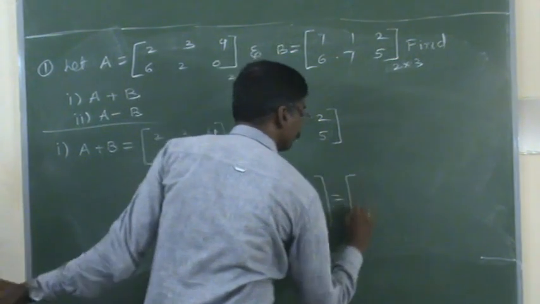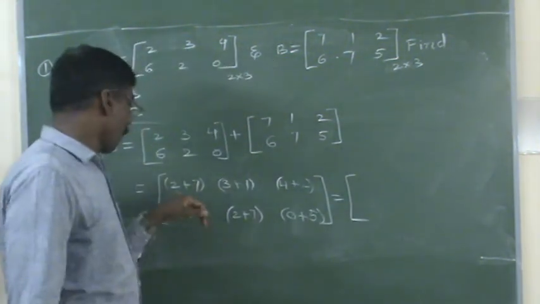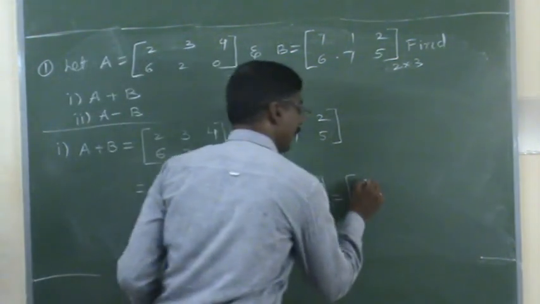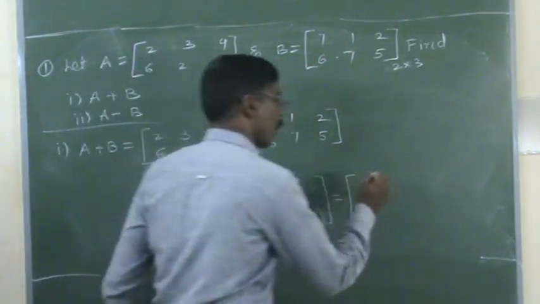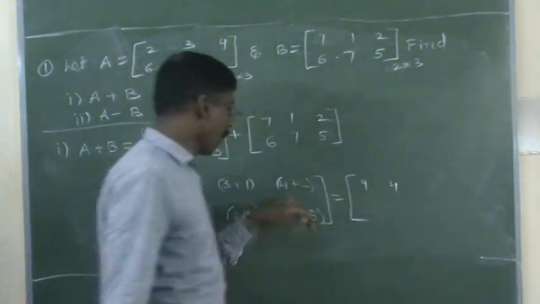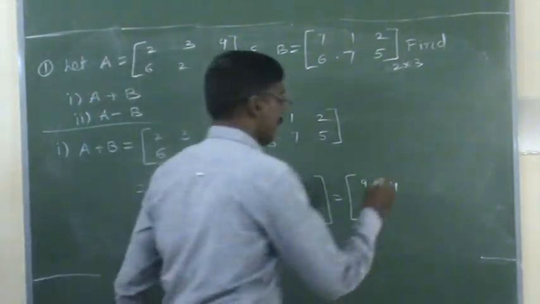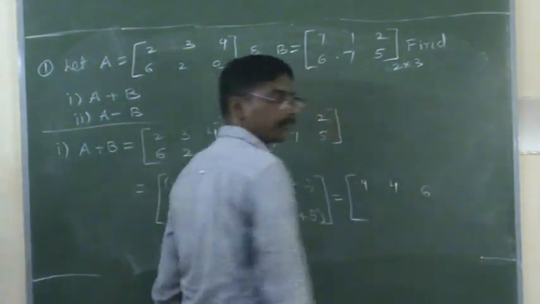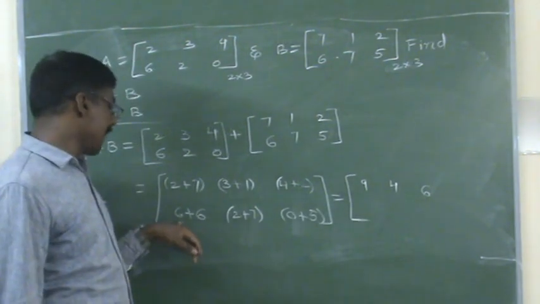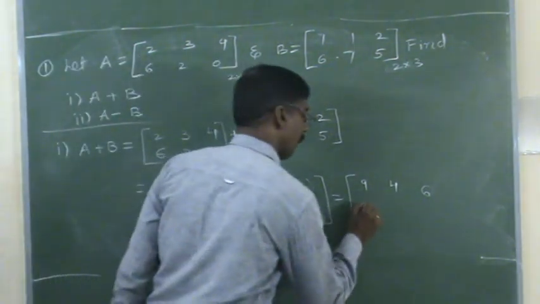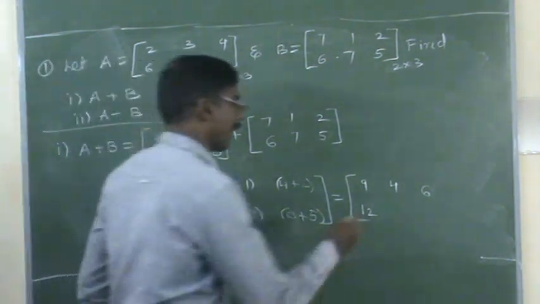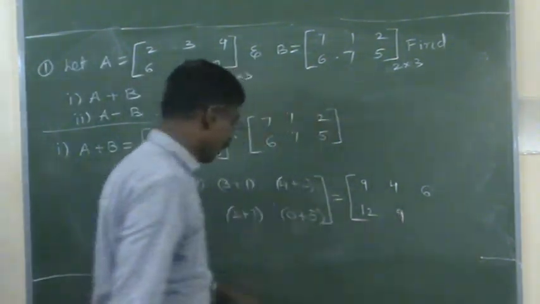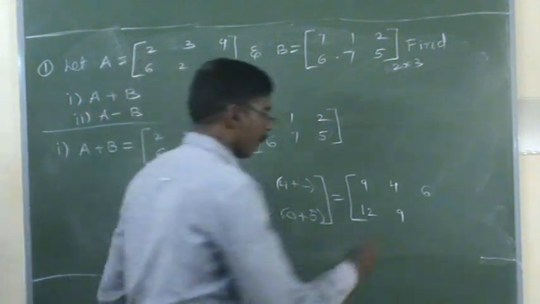Check. 2 plus 7, 9. 3 plus 1, 4. 4 plus 2, 6. Next, 6 plus 6, 12. 2 plus 7, 9. 0 plus 5, 5.